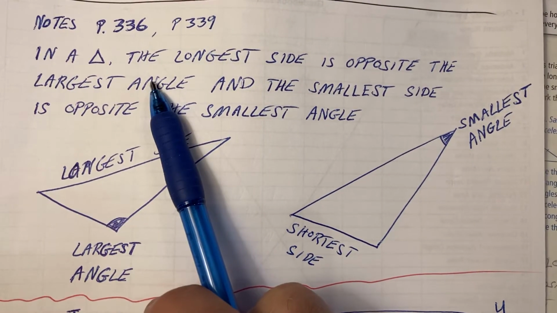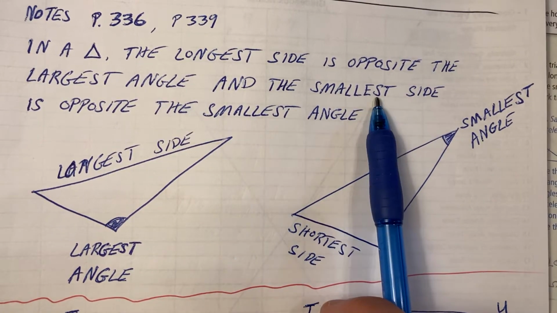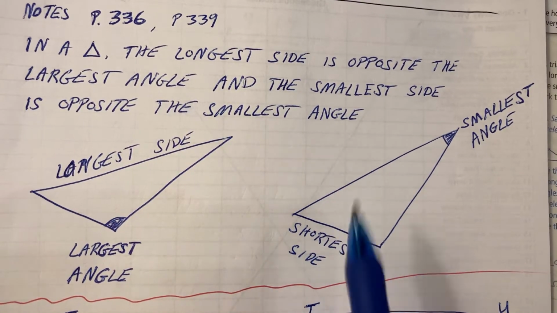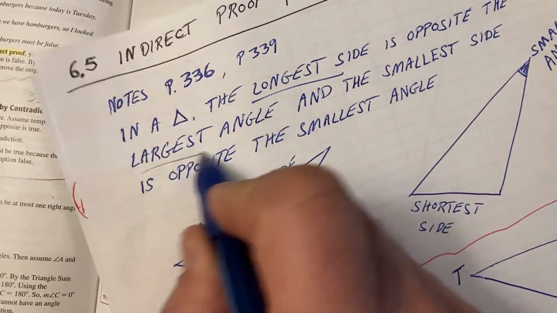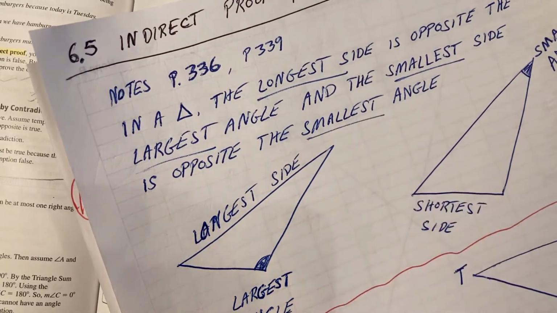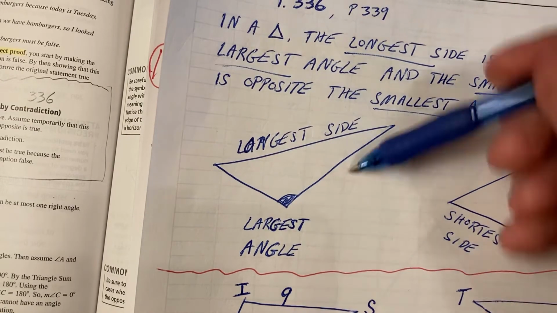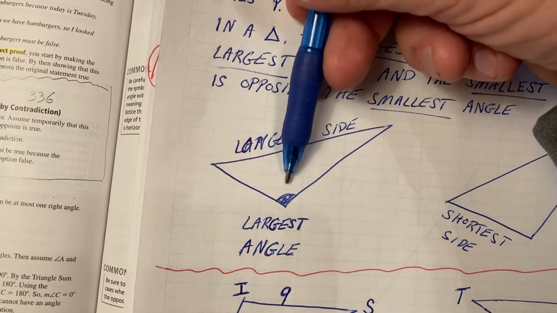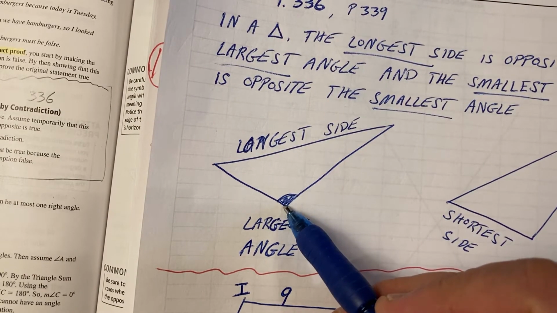In a triangle, the longest side is opposite the largest angle, and the smallest side is opposite the smallest angle. So here's a triangle. Here's the longest side, so the opposite of that is the largest angle. If you say this is the largest angle, then the largest side has to be opposite that.